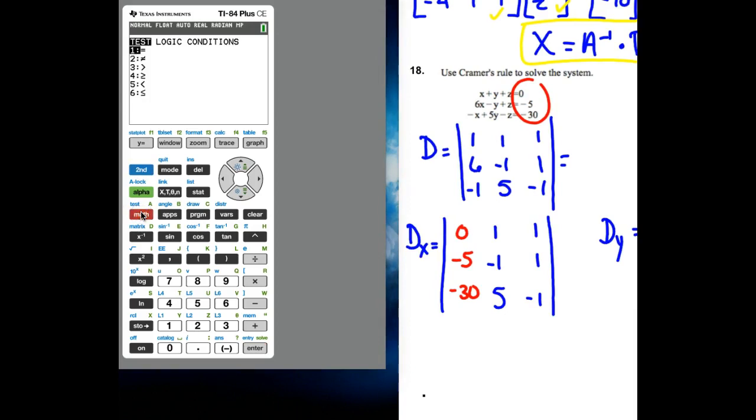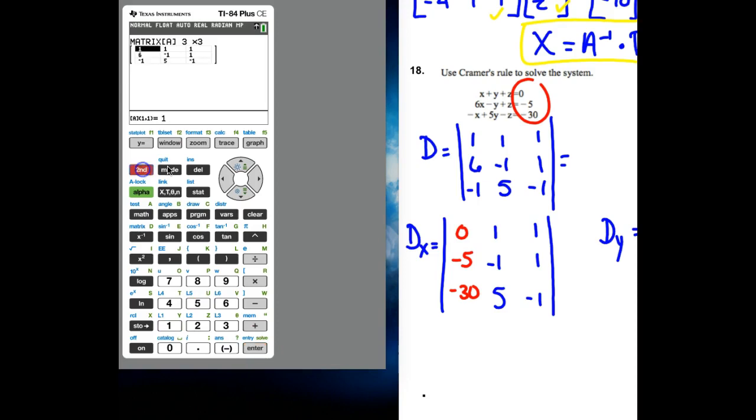All right, so go back into our matrix screen. We're going to edit the first matrix, and that one is a 3 by 3. Our numbers are 1, 1, 1, 6, -1, 1, and -1, 5, -1.